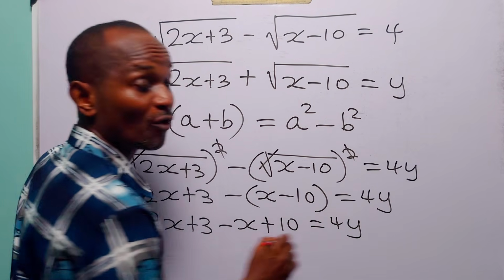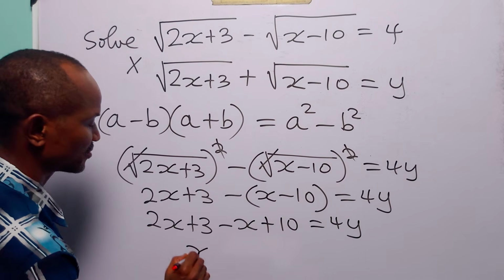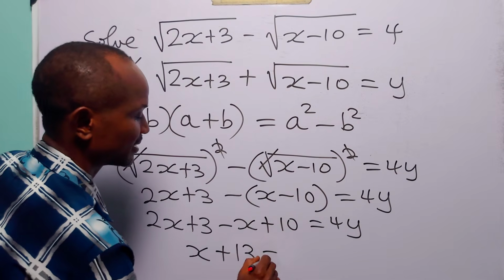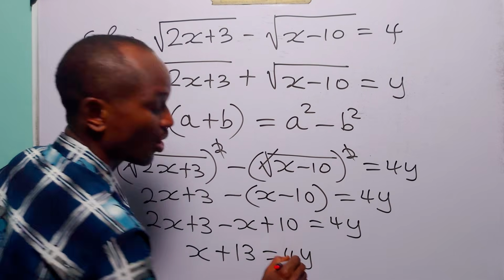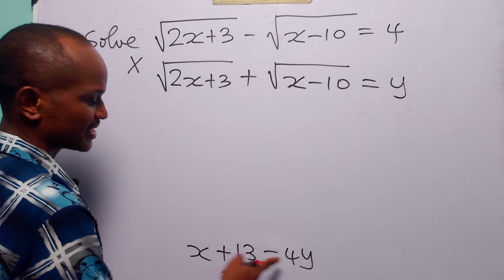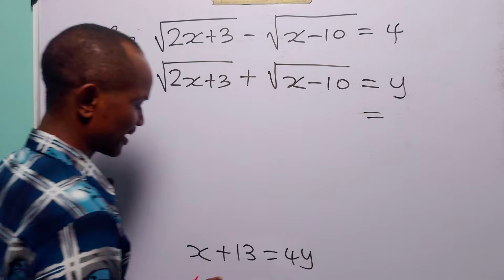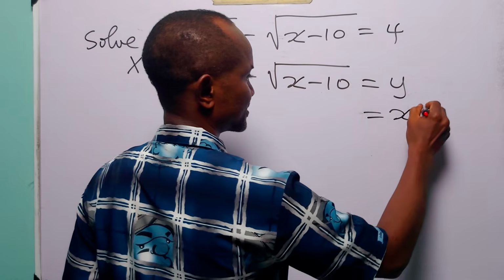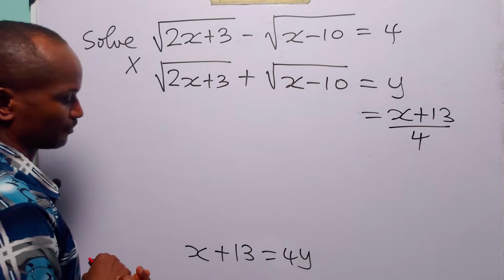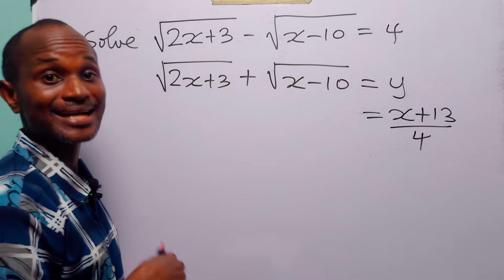This is equal to 4y. 2x minus x is equal to x. 3 plus 10 is equal to 13. This is equal to 4y. And when we divide both sides of this equation by 4, we have that y is equal to x plus 13 divided by 4.